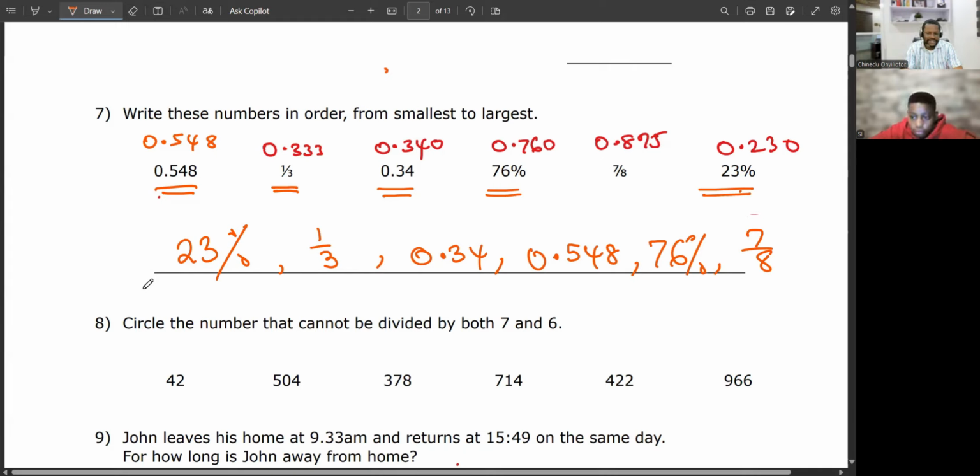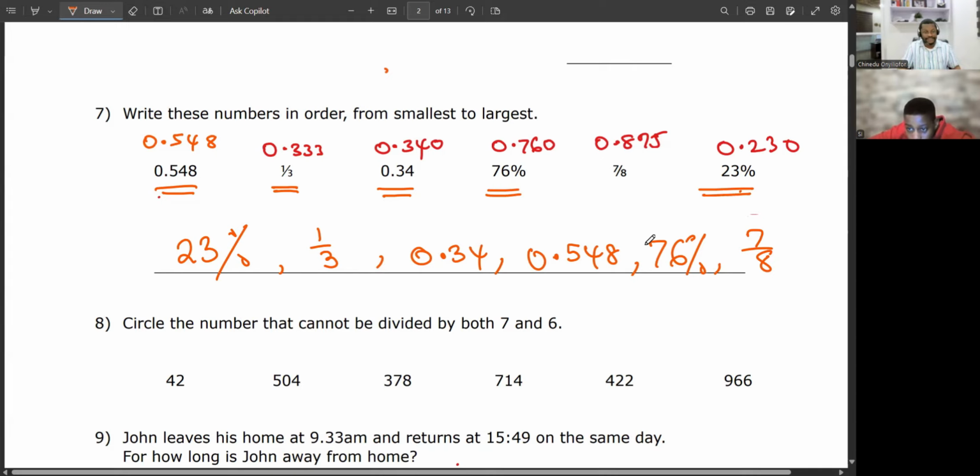So you can either change each of them to percentage, or you could change each of them to decimal. And either way, you'll be able to get the smallest to the largest. Does it make sense? Good. All right.